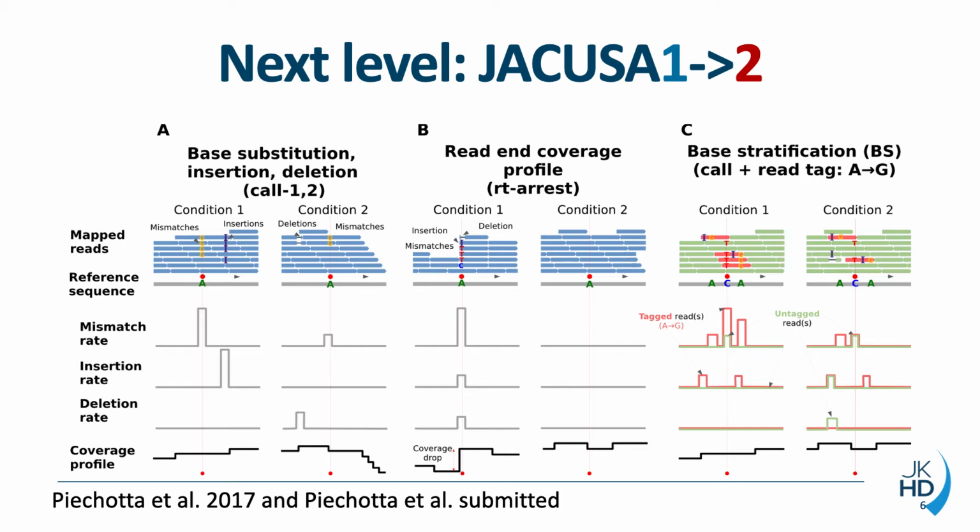Now the last addition is a so-called base stratification running mode. Here essentially we can already tag and separate reads from read alignments based on the pre-existence of a given substitution, for example, an A to G substitution.